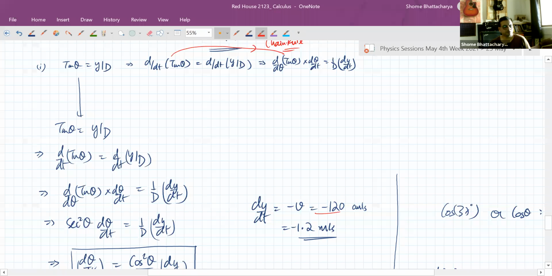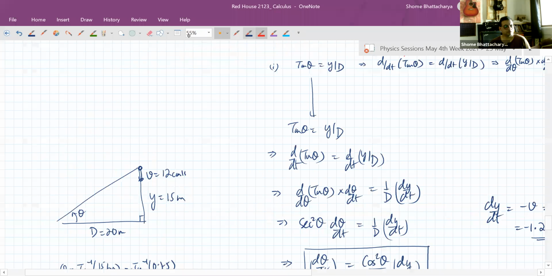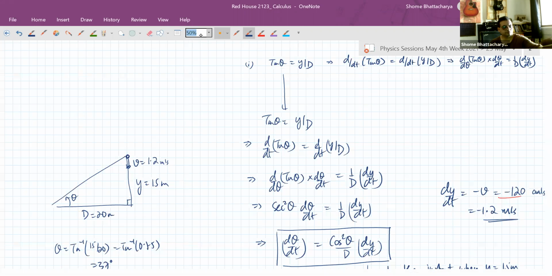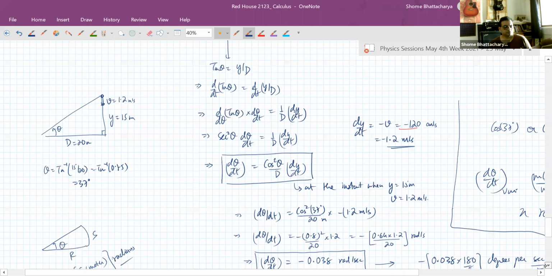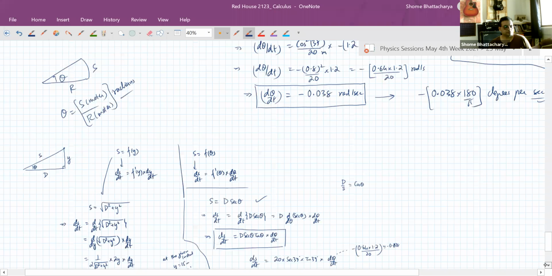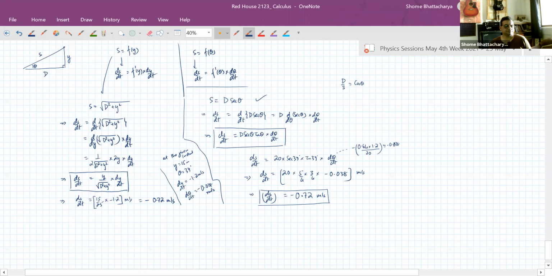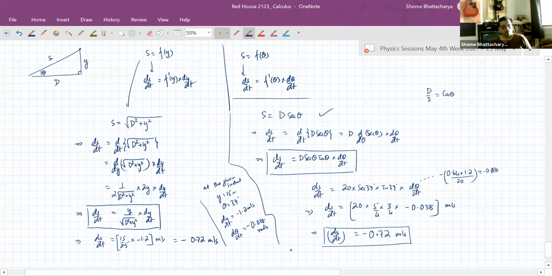This remains 1.2. Okay, so hope the method of calculation is clear.